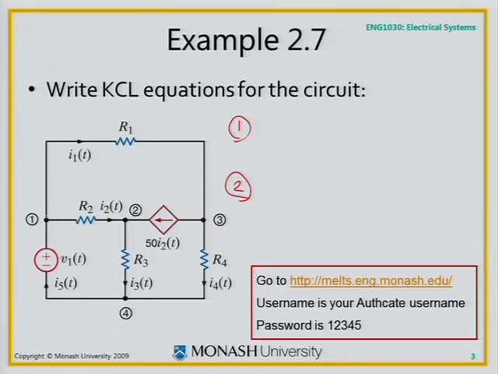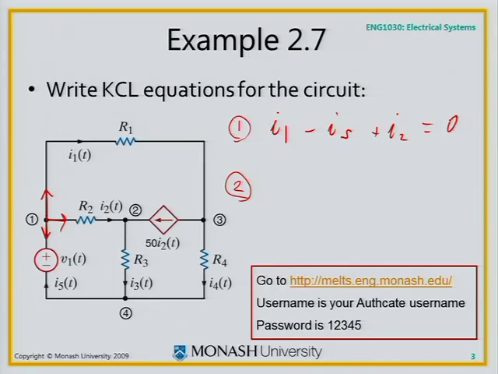So let's remember, we sum the currents exiting or entering, whichever one you want. So that current is I1. Got to add that current, which is minus I5, and I have to add that current, which is I2. It's that, or it's the negative of everything.